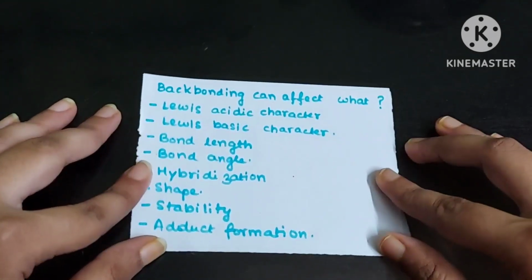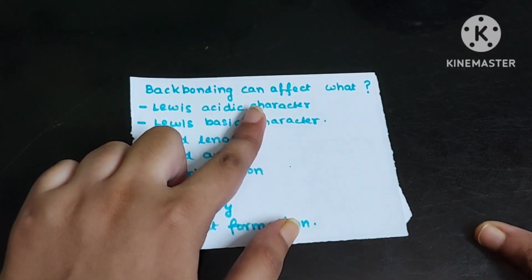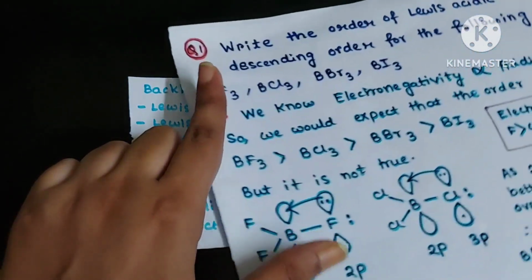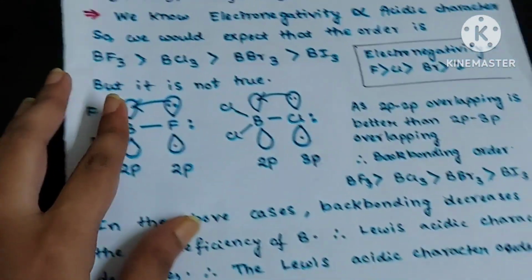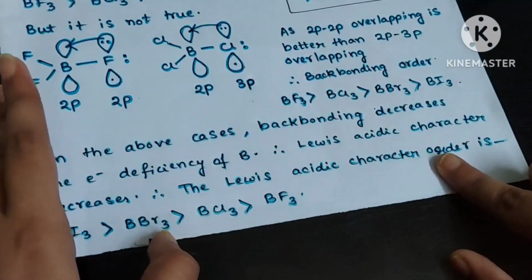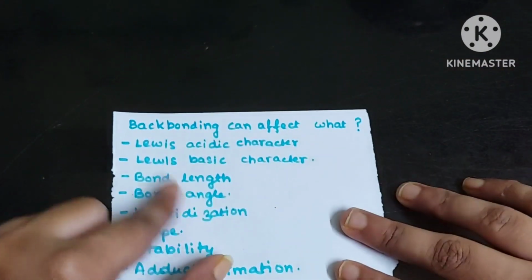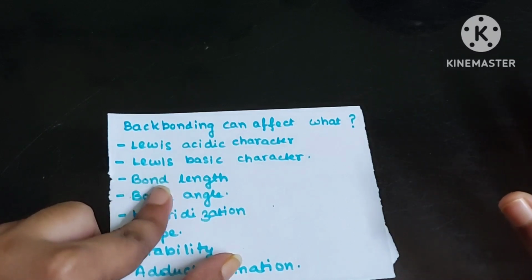And another thing: what can back bonding affect? According to the questions that I have done here, first, the Lewis acidic character. It decreases the Lewis acidic character, and if it decreases Lewis acidic character, then it will increase the Lewis basic character.